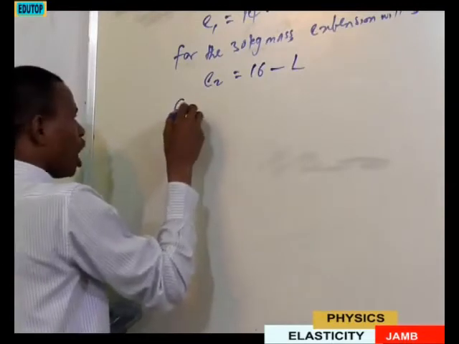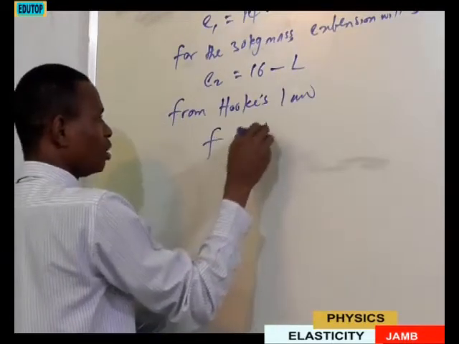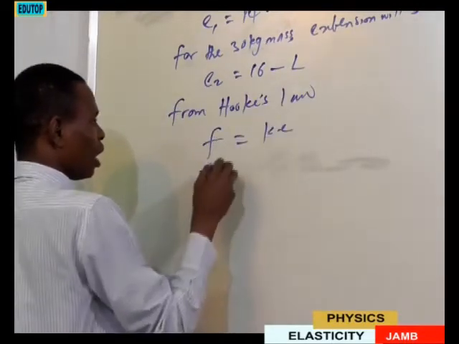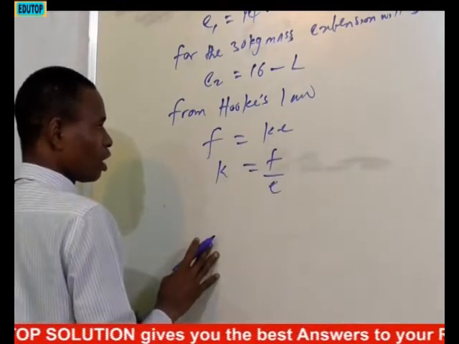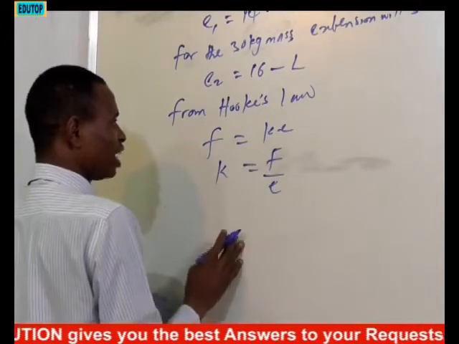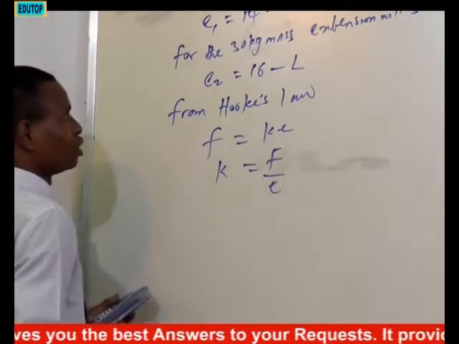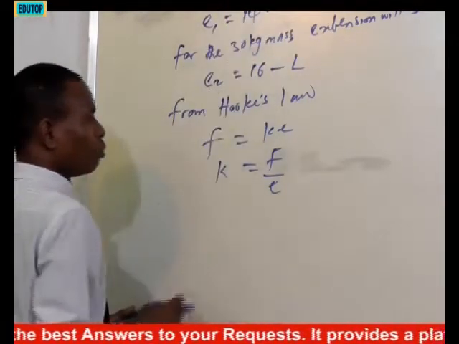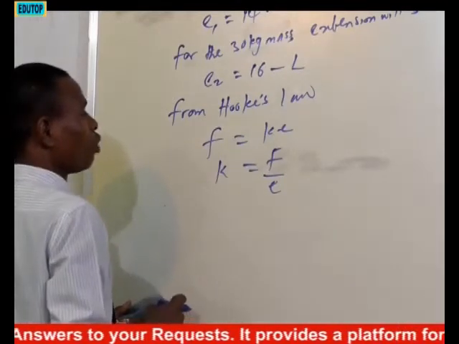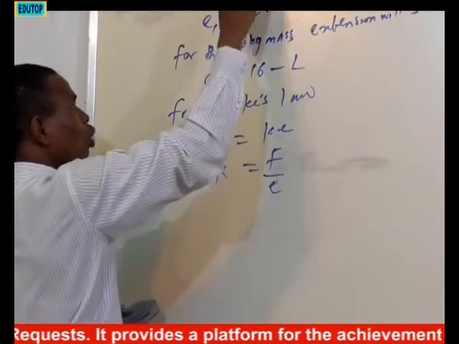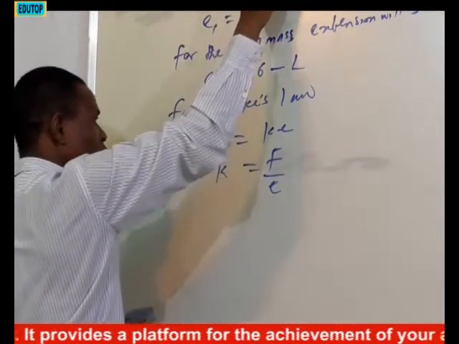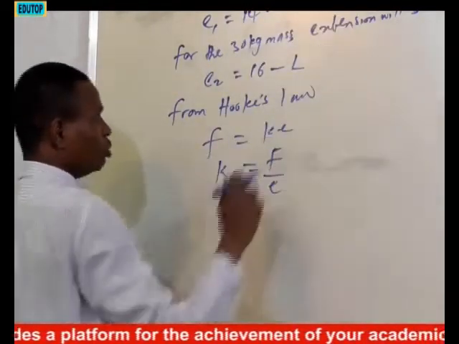From Hooke's law, F is equal to KE, and our K is F over E. Can you see that? In this case, we are dealing with force, even though we are given kilograms. Okay, we are going to take the kilograms we are given and multiply by 10. This is going to be MA or MG.